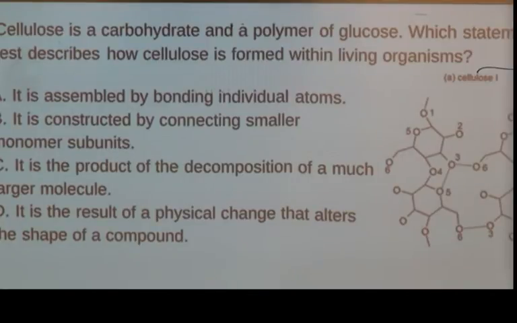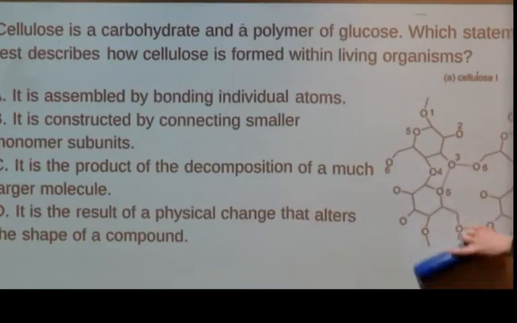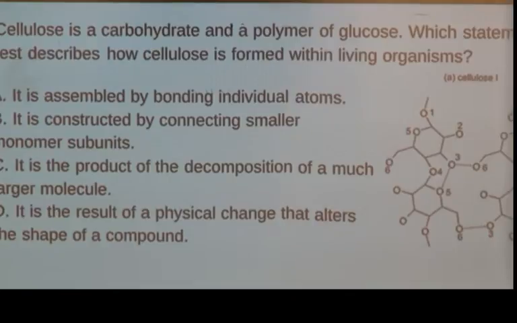We're going to do this last one, just because I think this is important, because it's showing you the structure. Okay, so I'm going to give you a second to read this one on your own.